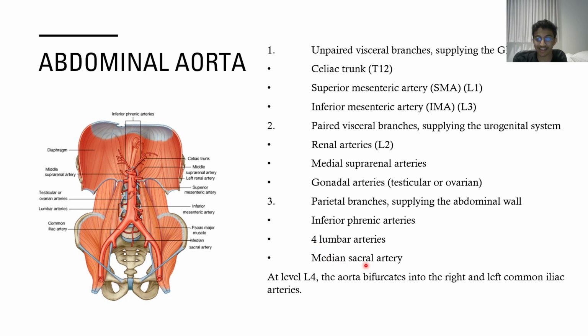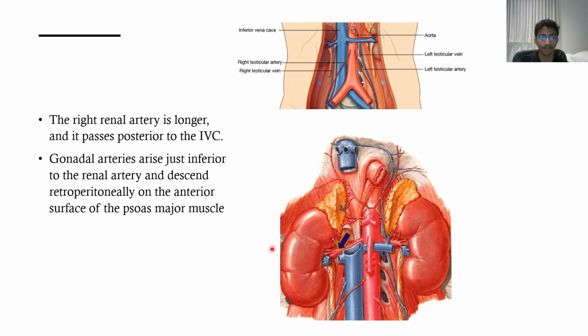And the median sacral artery. The median sacral artery is unpaired, so it's only one artery. And at level L4, the abdominal aorta bifurcates into the left common iliac artery and right common iliac artery.